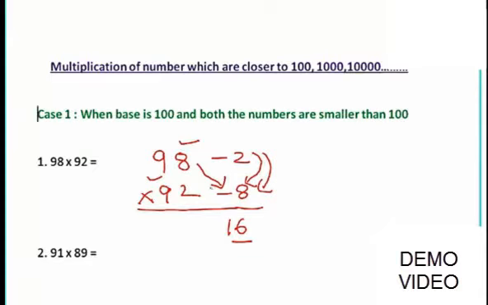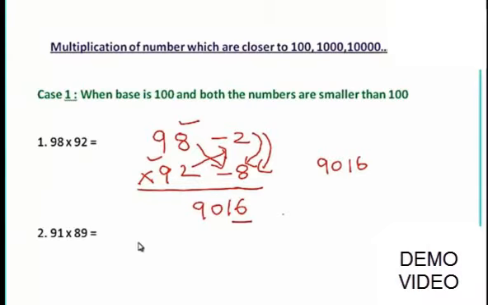Okay, let's take another example. Now let's take the example of 91 into 89. Just write the numbers: 91 and 89.